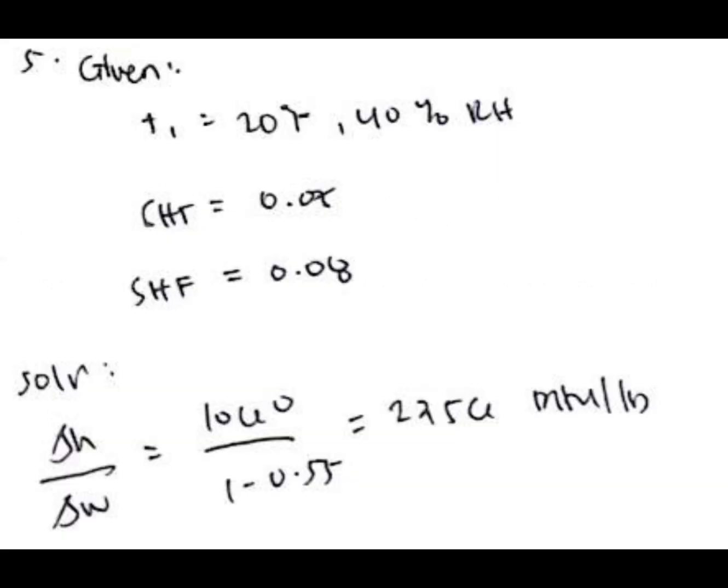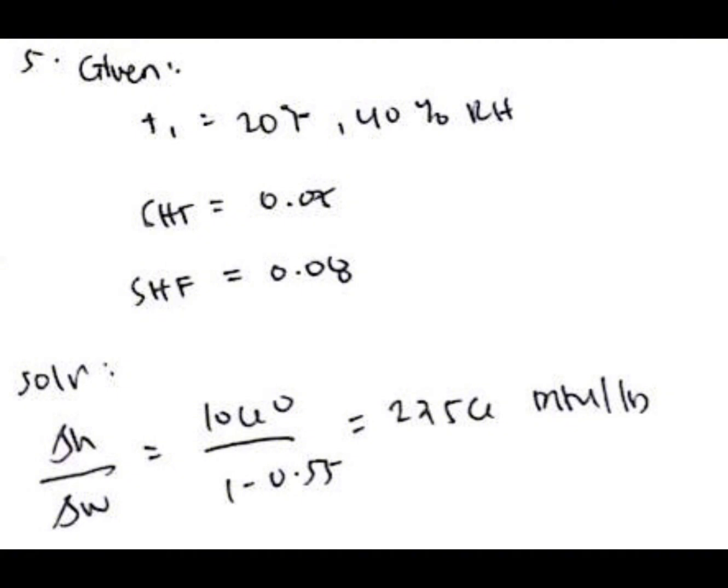So we have a given of T1 equals 20 degrees Fahrenheit and a relative humidity of 40%. We have an SHF of 0.55.